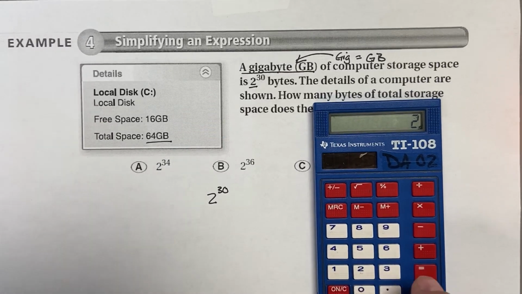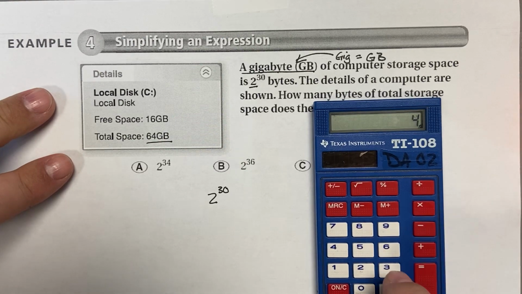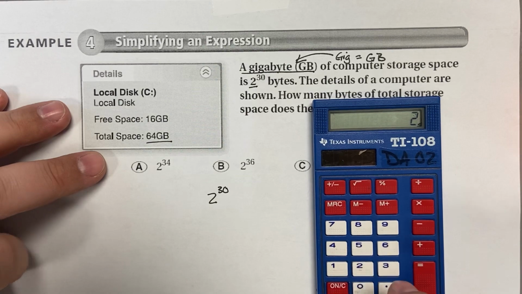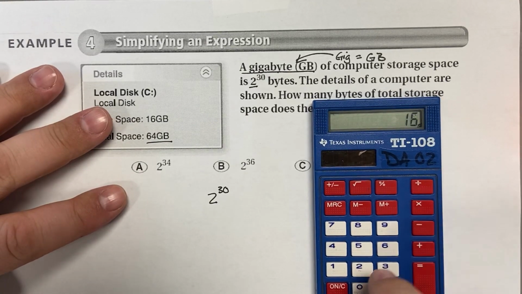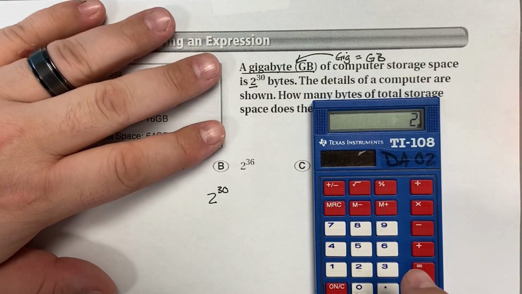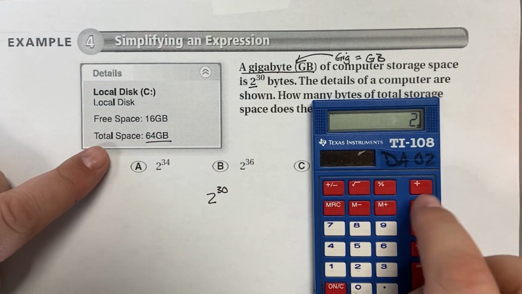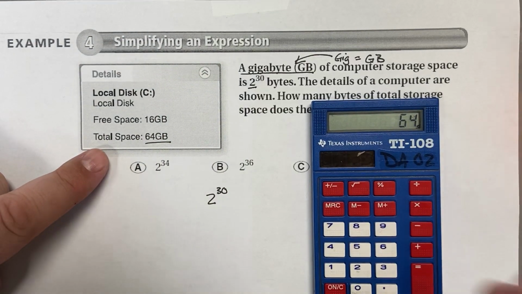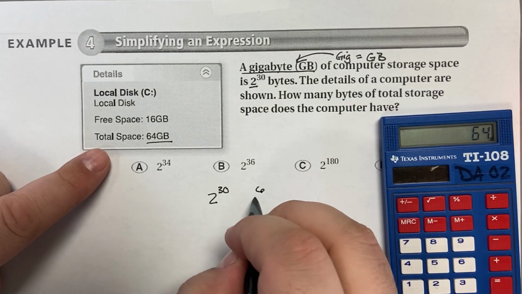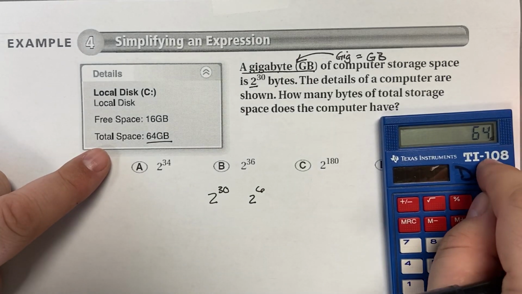So we take 2, that's 2 to the first, times 2, that's squared, times 2, that's cubed, times 2, that's to the fourth, times 2, that's to the fifth, times 2, that's to the 6th, and 64 comes up on my calculator, so I stop. It took 6 times of multiplying by 2 to hit 64 gig.